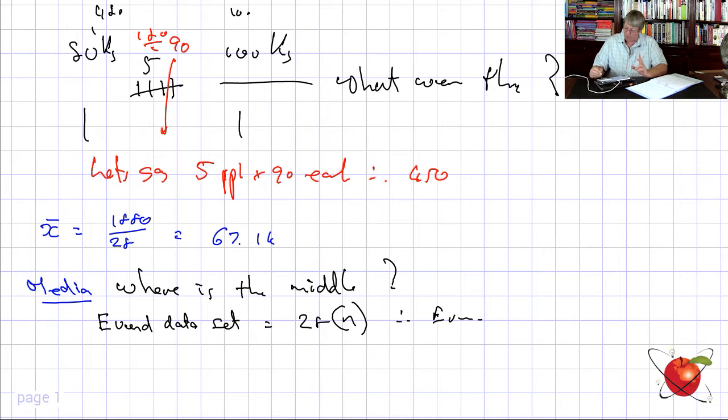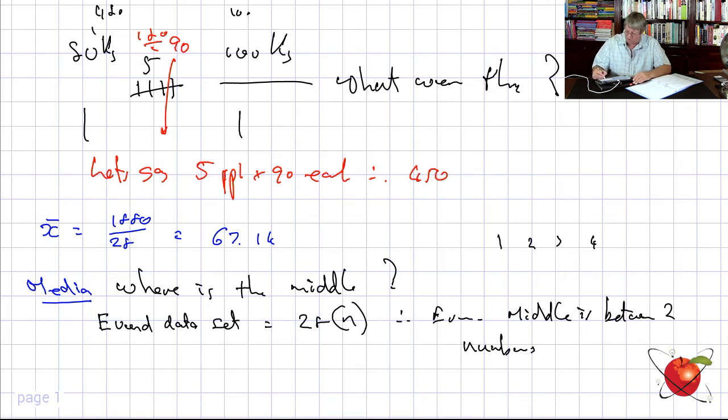Therefore we know the middle is between 2 numbers, remember? Go back to the last section. What did we have there? We had, let's say 1, 2, 3, 4, 5, 6. We said cross off, cross off, cross off, cross off.